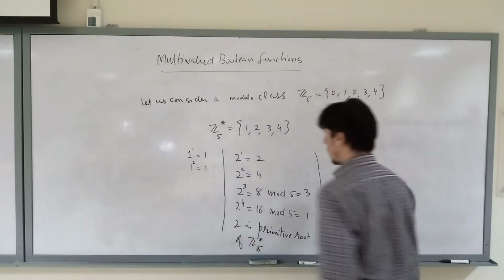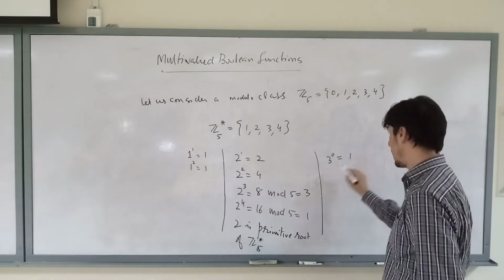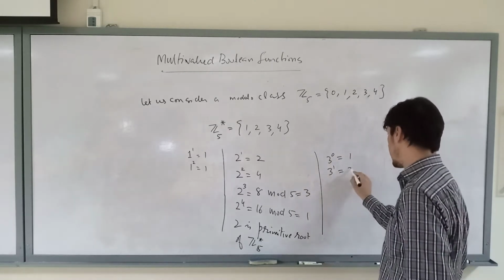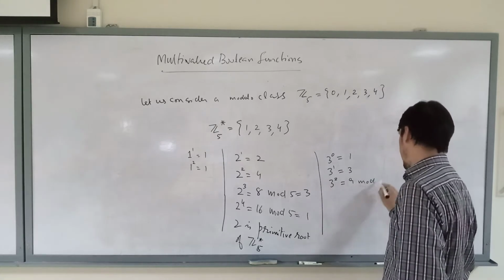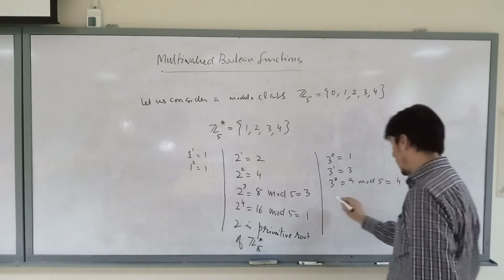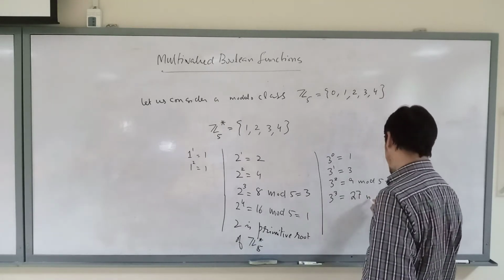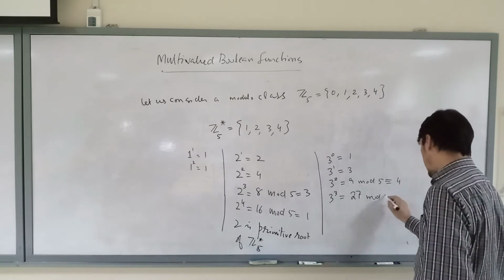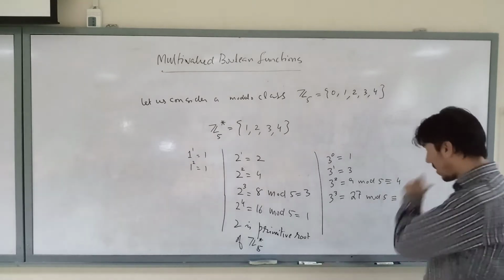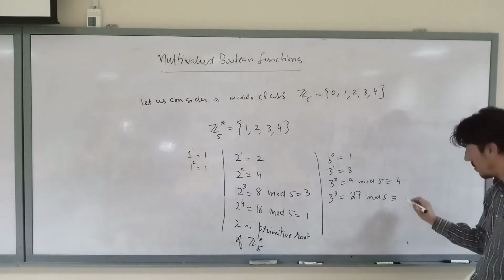Z5. So if I take 3 to the power 0, which is 1, 3 to the power 1, which is 3, 3 to the power 2, which is 9, under mod 5 which is 4, 3 to the power 3, which is 27, under mod 5, which comes round to 2.